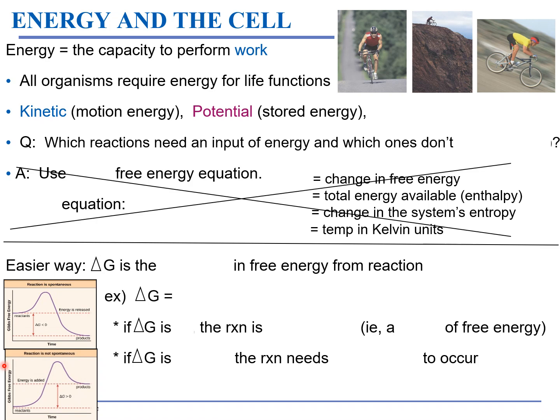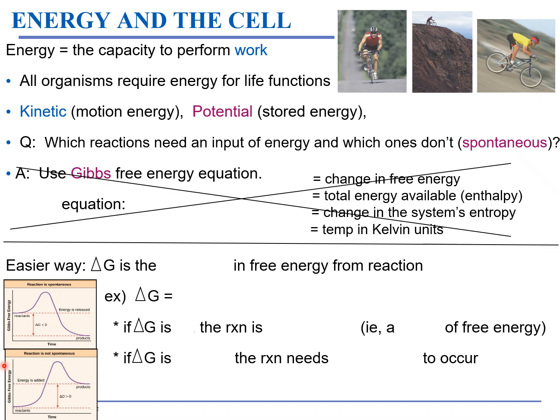So which reactions need an input of energy and which ones don't? So these would be the spontaneous reactions. So an easier way to understand this is that the change in G, so G is the change in free energy. That gives an energy formula you do not need to know, but I'll go over the concept.